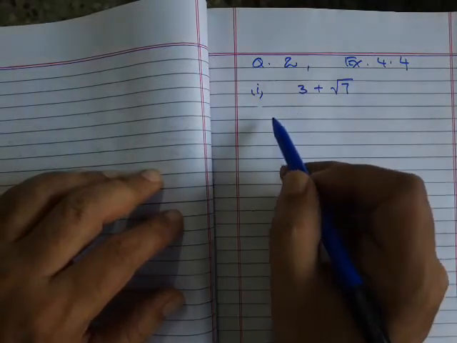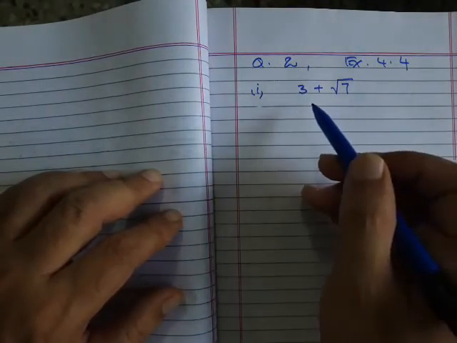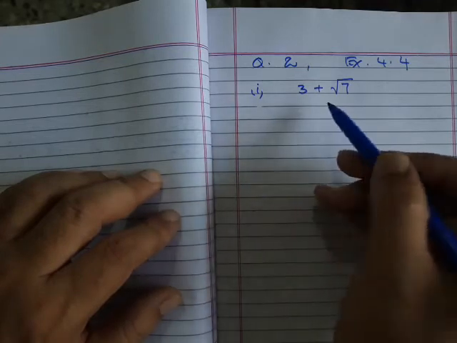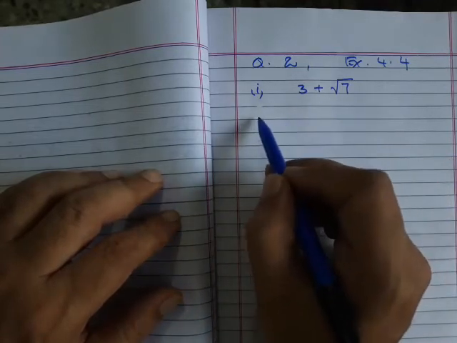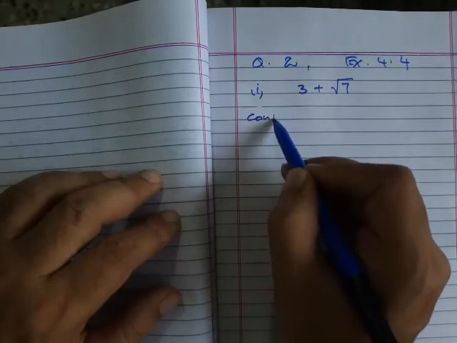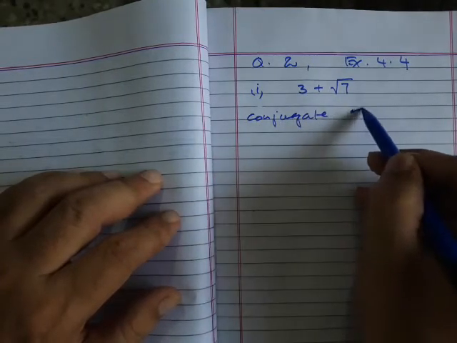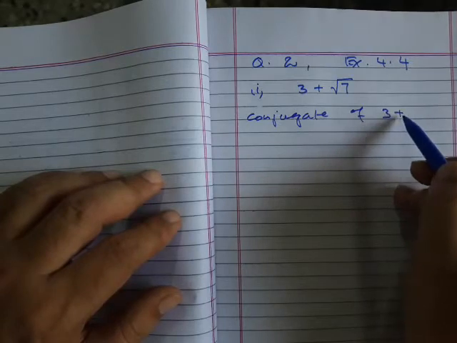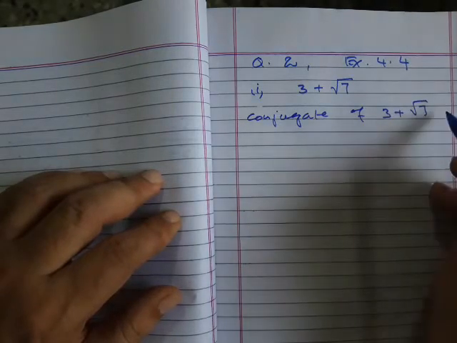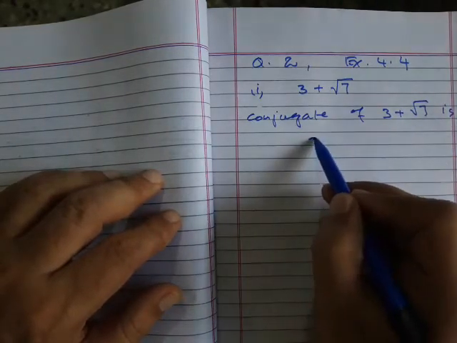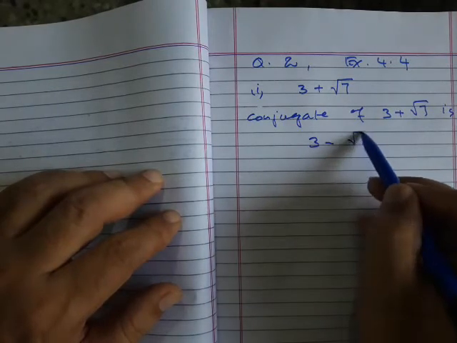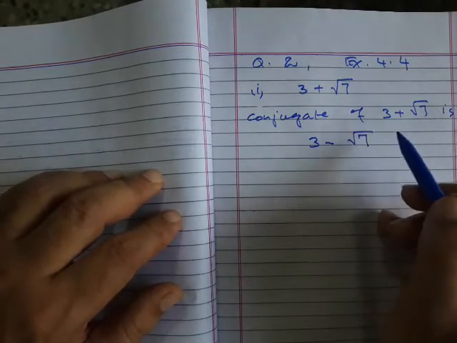We have already discussed it. How can we take the conjugate? Just change the sign. Conjugate of 3 plus under root 7 is 3 minus under root 7. This is the conjugate.